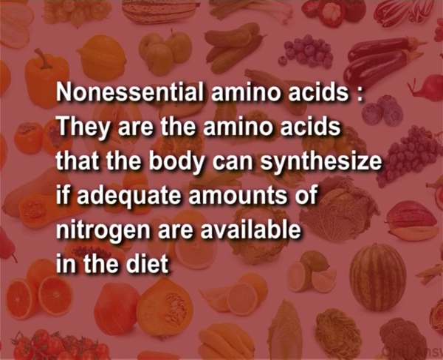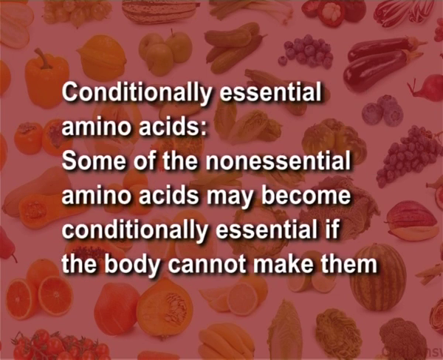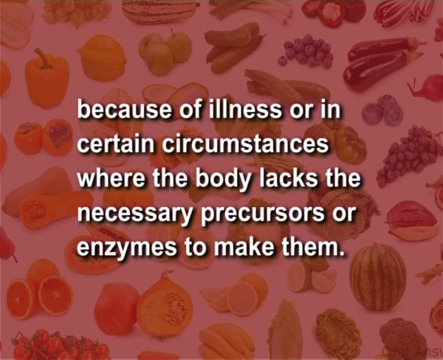They are the amino acids that the body can synthesize if adequate amounts of nitrogen are available in the diet. Conditional essential amino acids. Some of the non-essential amino acids may become conditionally essential if the body cannot make them because of illness or in certain circumstances where the body lacks the necessary precursors or enzymes to make them.